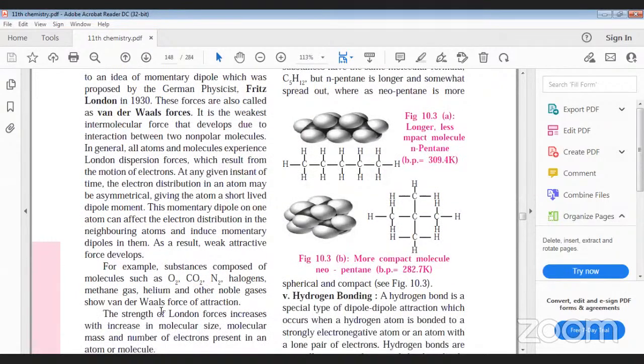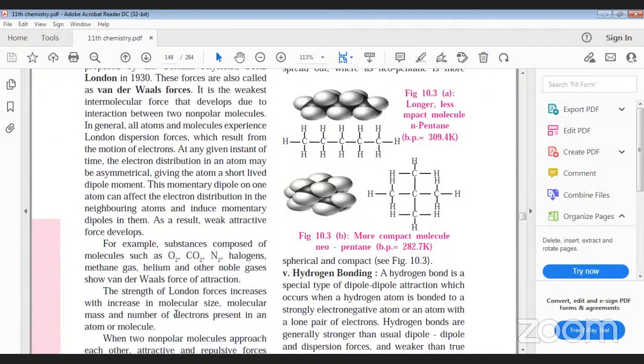Now, for example, let's see substances where London dispersion forces exist. Oxygen, carbon dioxide, nitrogen, halogens, methane gas, helium, and other noble gases show van der Waals forces of attraction. The strength of London forces increases with increase in molecular size.